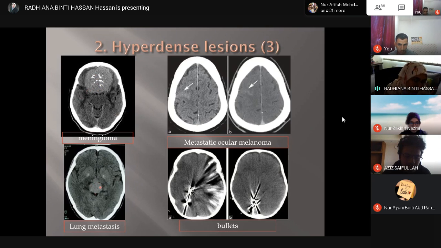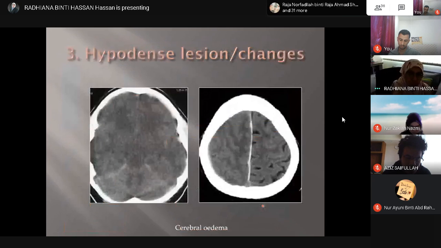Or sometimes the mass is only slightly dense compared with the rest of the brain parenchyma. And even for this melanoma mets, very subtle, you can see all these hyperdense foci. Okay, of course metal is so dense that it gives streak artifacts, like this.